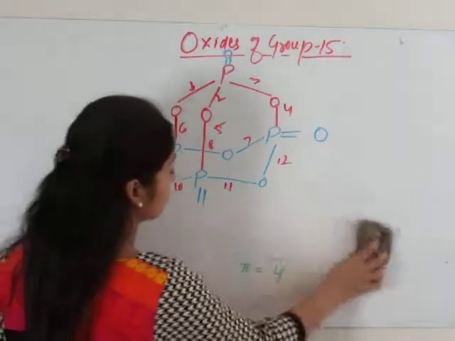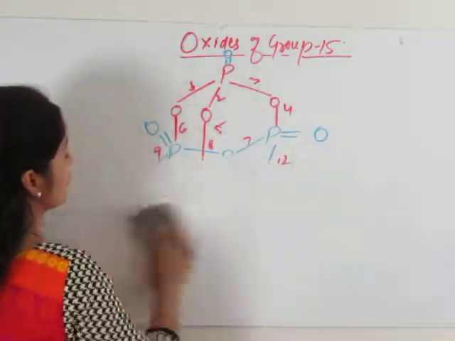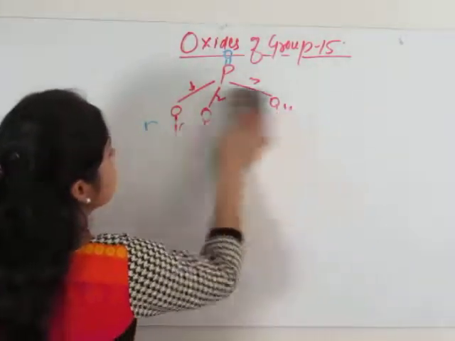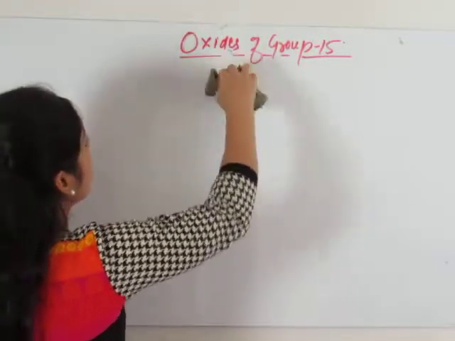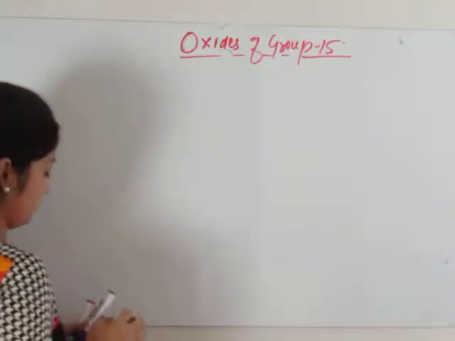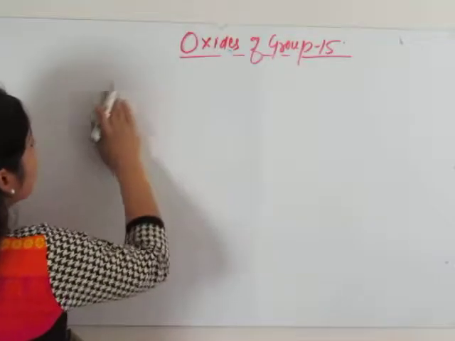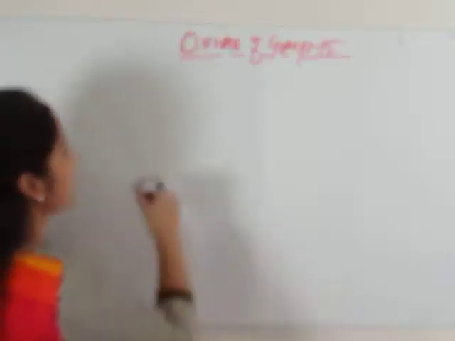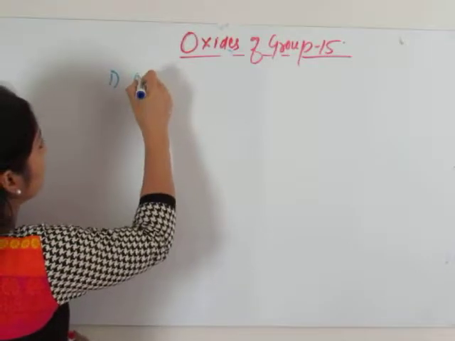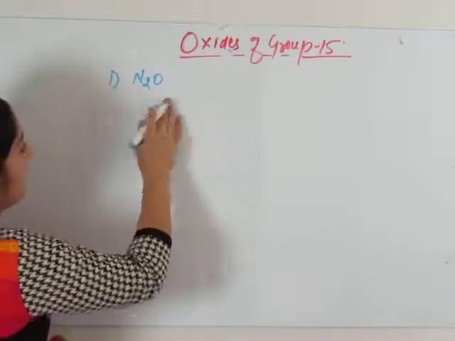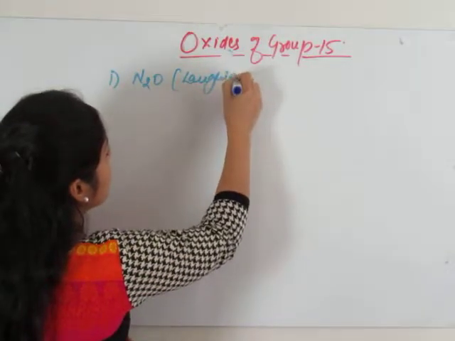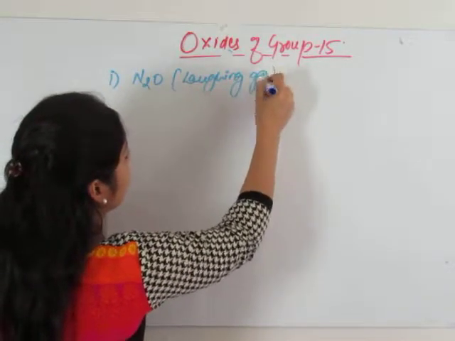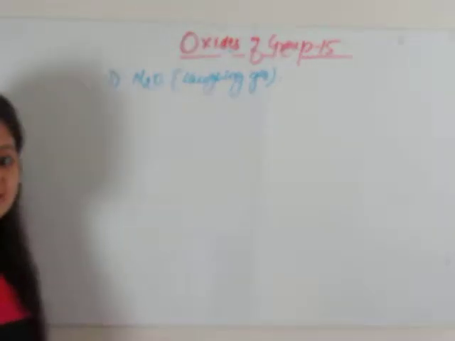Next जो है which you need to carefully study is the oxides of nitrogen. Oxides of nitrogen में सबसे पहले हम पढ़ रहे हैं N2O, dinitrogen oxide, which is also known as laughing gas, and it is also used in anesthesia.